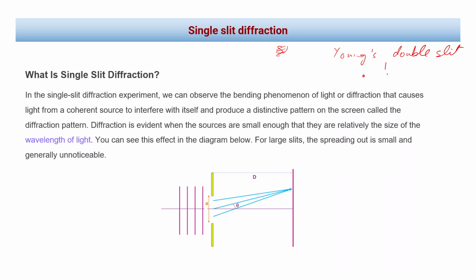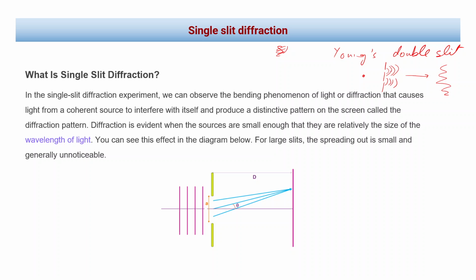For that, one important condition was to have coherent sources, and getting coherent sources from two independent sources, as we said, is not easy. So that's why we were taking a single source and then putting two openings like this, so that we can get two sources of light which will eventually interfere to give us an interference pattern.